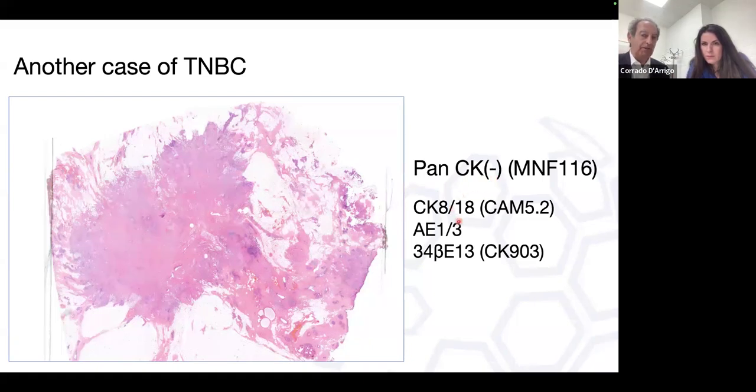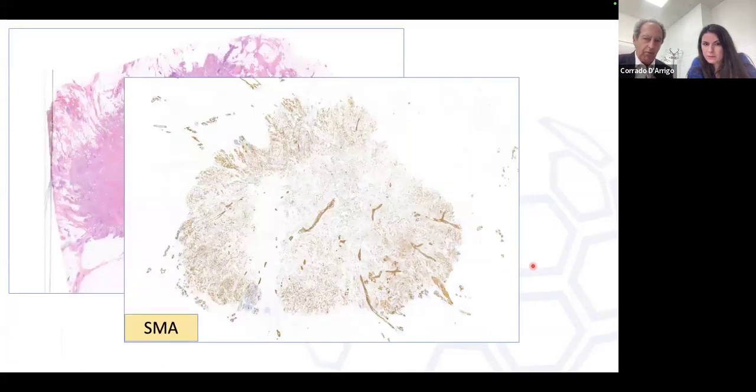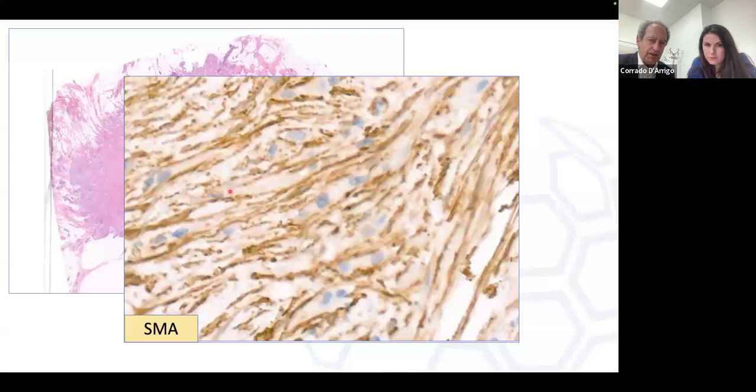Not to worry, let's throw in a different cytokeratin. This is your CAM5.2, usually should be positive. We did AE1 as well. We also did a basal cocktail with CK903. They were not completely negative, but they were really very low expression, very weak and focal. So we threw in some more markers, and there is SMA expression. It's quite nice. So this is, I think, an example of mesenchymal triple negative breast cancer.